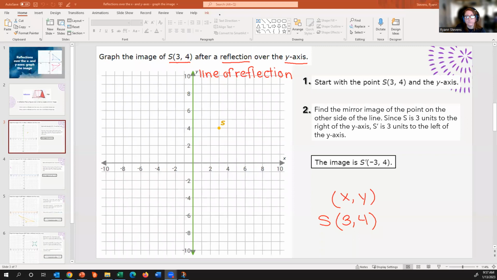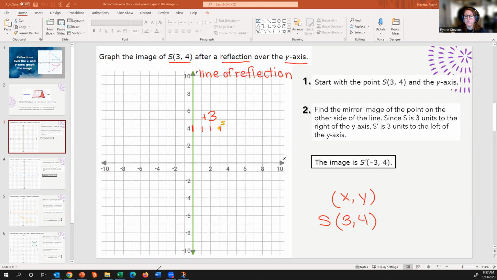We want to see, if our line of reflection is right here at the y-axis, how many places away from the y-axis is point S? We'd say, okay, it's 1, 2, 3 places in the positive direction.